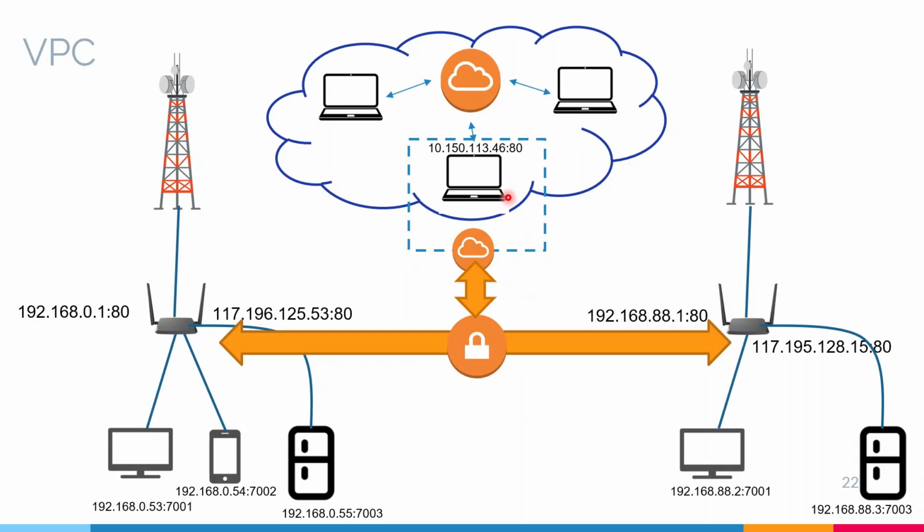This is usually done by VPC peering, which is a sort of site to site VPN, or there could be an IPsec tunnel or Direct Connect. Direct Connect is a dedicated line which can be leased out by the cloud provider to your on-premise system or to your VPN gateway. So this is virtual private cloud. It's just that we have isolated our system from other systems on the cloud.